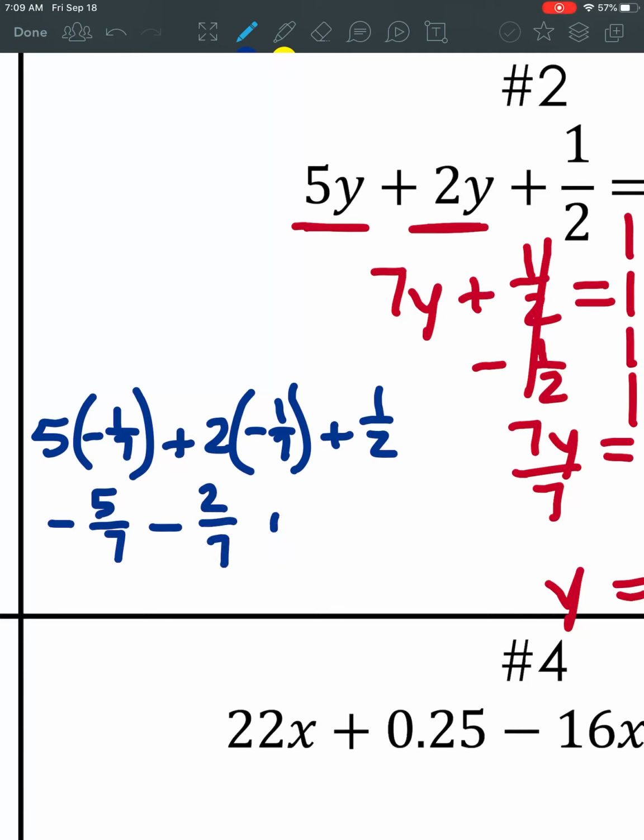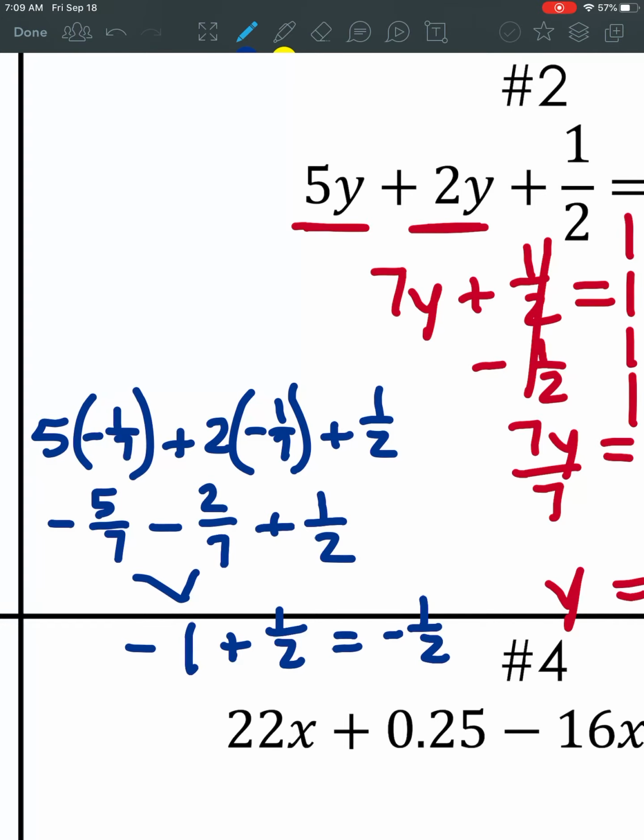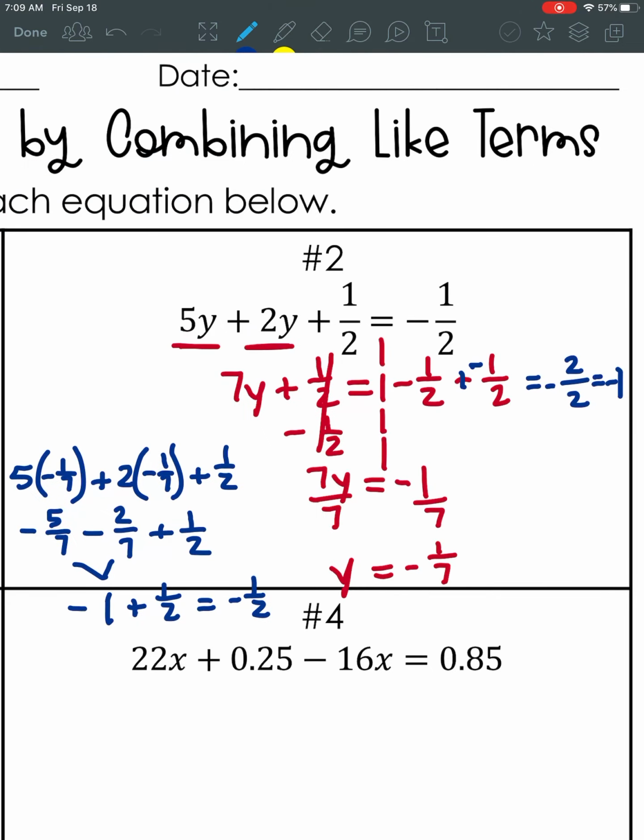Again, this is going to be a negative because a positive 2 times our negative 1/7, so minus 2/7 plus 1/2. So same, change, change again. So we'll end up adding them. Negative 7 over 7, which is the same thing as negative 1. Negative 1 plus 1/2 does equal negative 1/2.